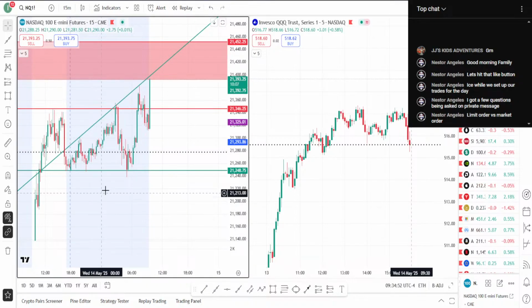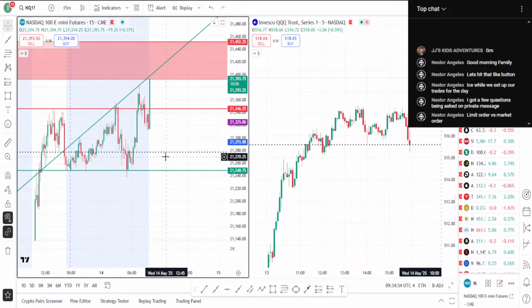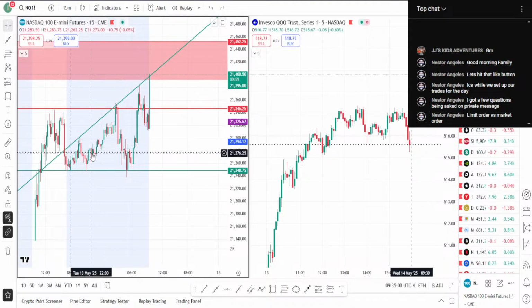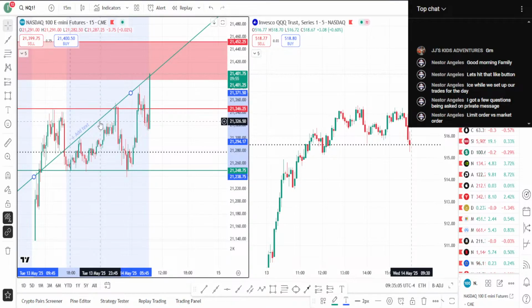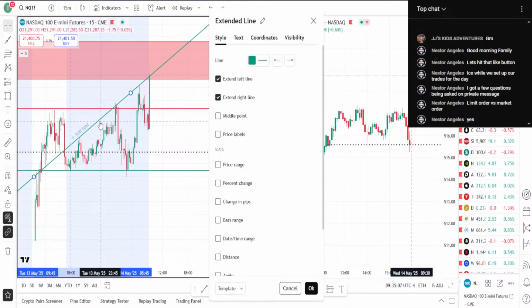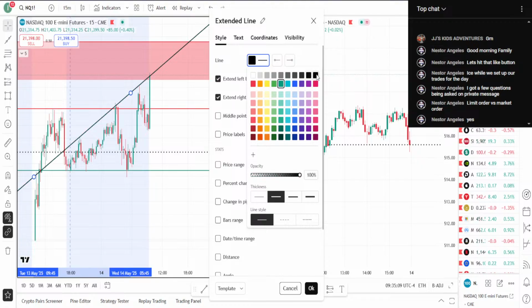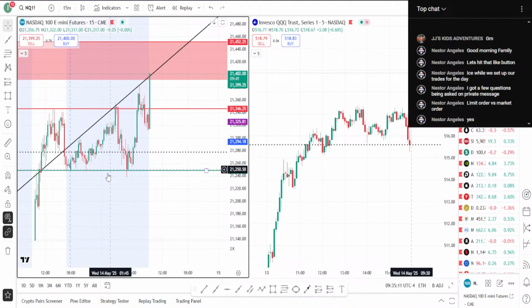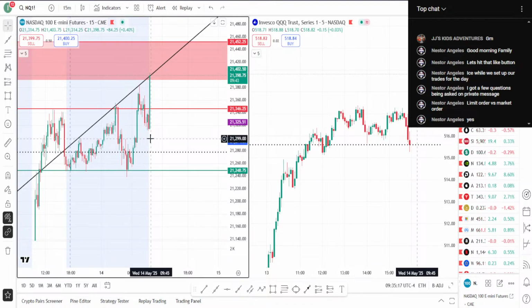Is this the same person from yesterday that asked about that market order stuff? Market order, limit order? All right, so what is it more specifically that they want to understand? Because I pretty much explained it, but what part of it do they need more clarification on?